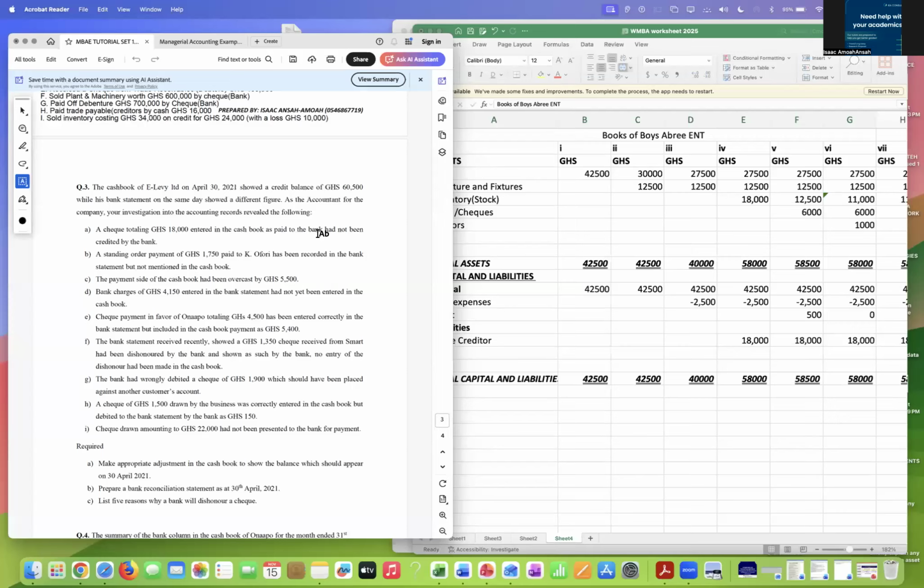Usually, there can be some clerical errors on the side of those who sit in the, what's their name? Teller. Yes, some of the tellers could make mistakes, right? Which we may refer to as errors made by the bank, and then we can also have errors made by the business.